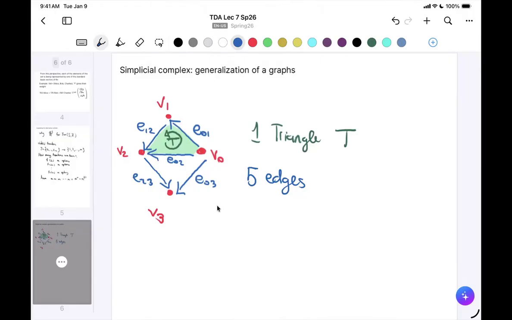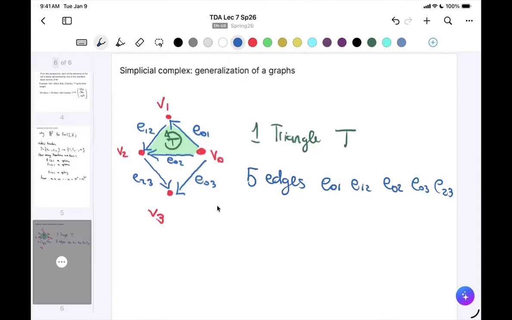Because we're going to work in a moment with the spaces of functions for each of this geometric information, I want to consider a vector in R5, because I got 5 edges.